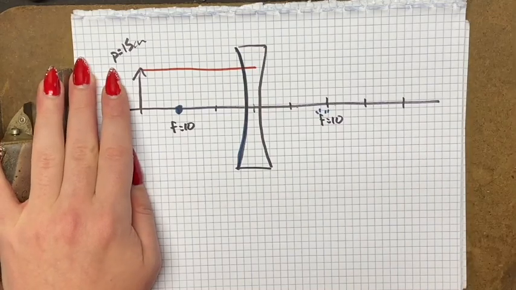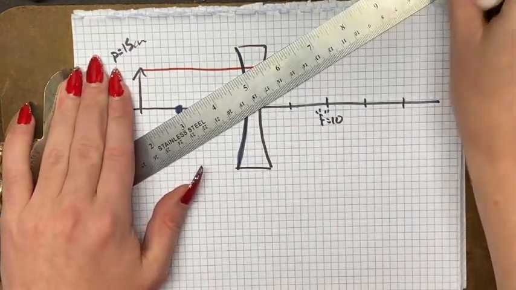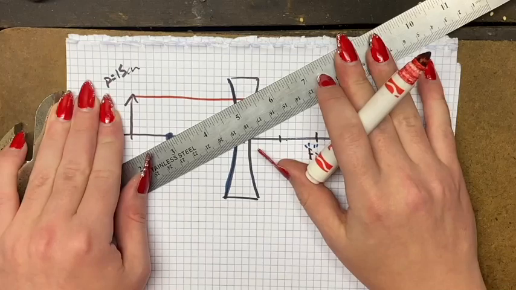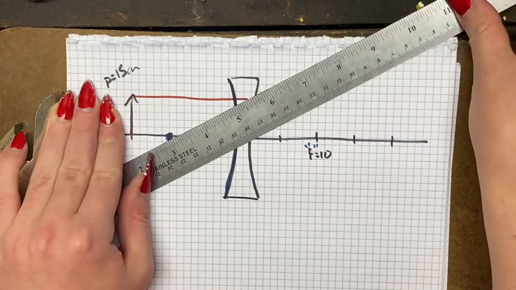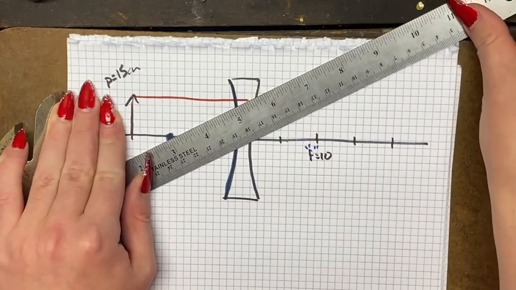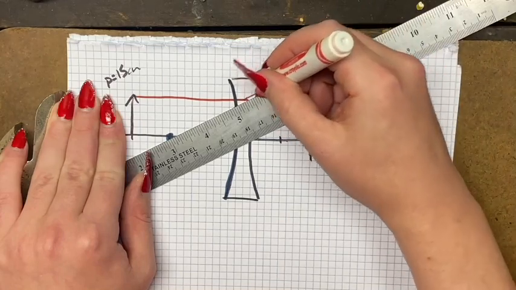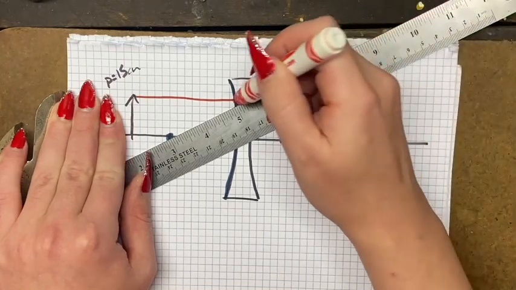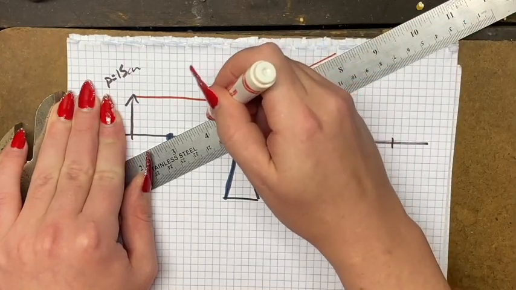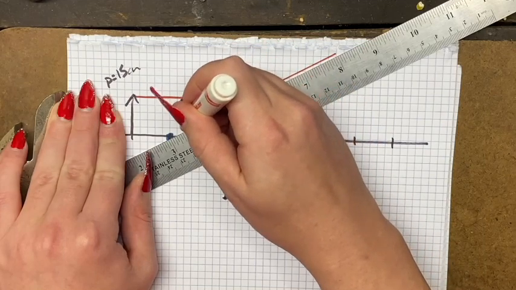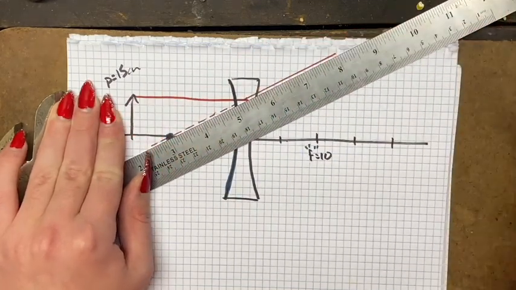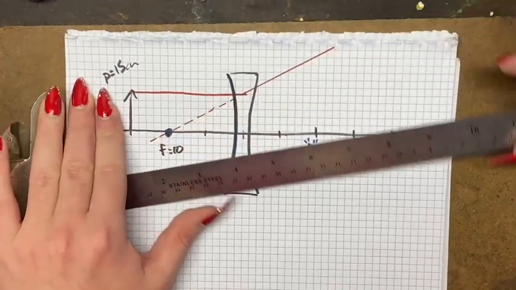And now we want to diverge through that focal point. And because it's divergent, I'm already writing myself a note. Use virtual rays, because I know I'm not going to have this work out.